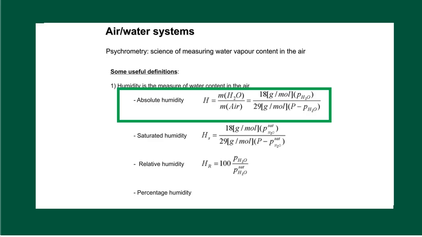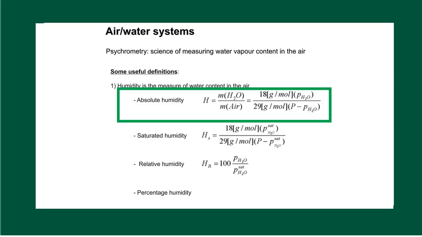What is humidity? It is the measure of water content present in air. Mathematically, it is the ratio of mass of water vapor per mass of dry air. It can be in terms of mass, or you can express absolute humidity in terms of moles by multiplying by the respective molecular weight. For example, for water it is 18, for air it is 28.84 kg per kg mole.